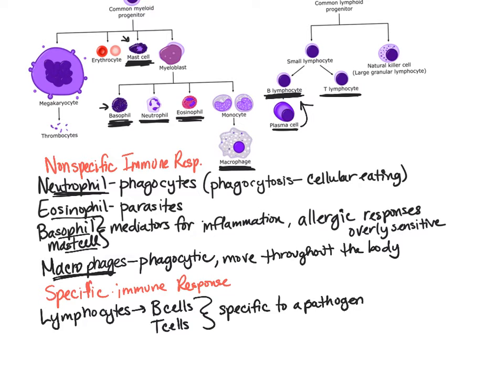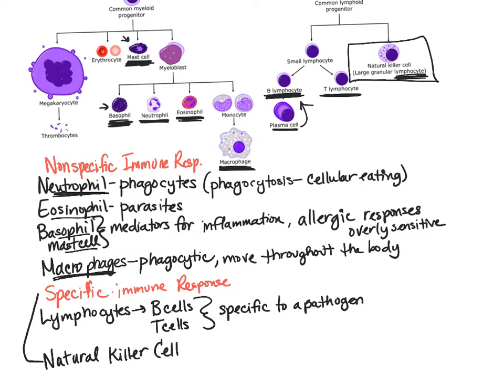Then the last type of cell that I want to talk about is another type of lymphocyte called the natural killer cell. This guy is up here and is a type of lymphocyte. However, it is actually not part of the specific immune response. This guy would go back up here to the non-specific immune response. Again, we'll talk about that in more detail, but our natural killer cells are a type of lymphocyte that kills viruses, or rather kills the cells that are infected with viruses.